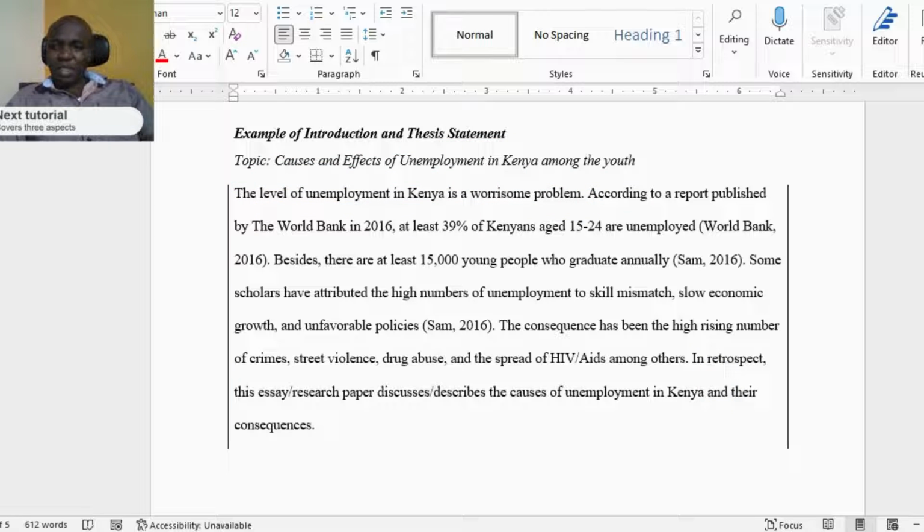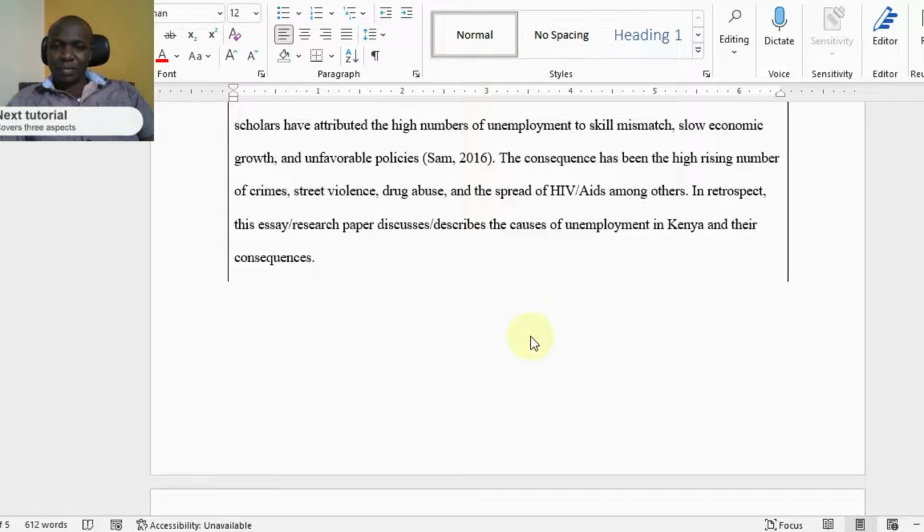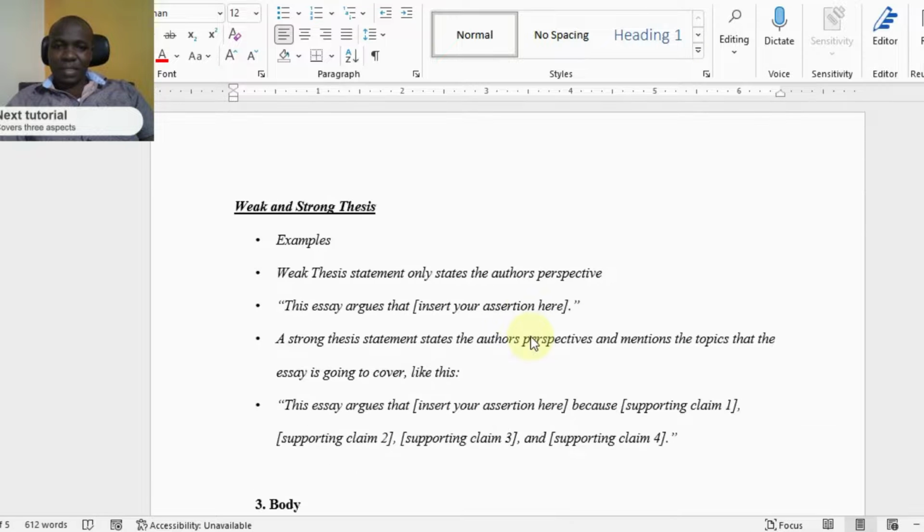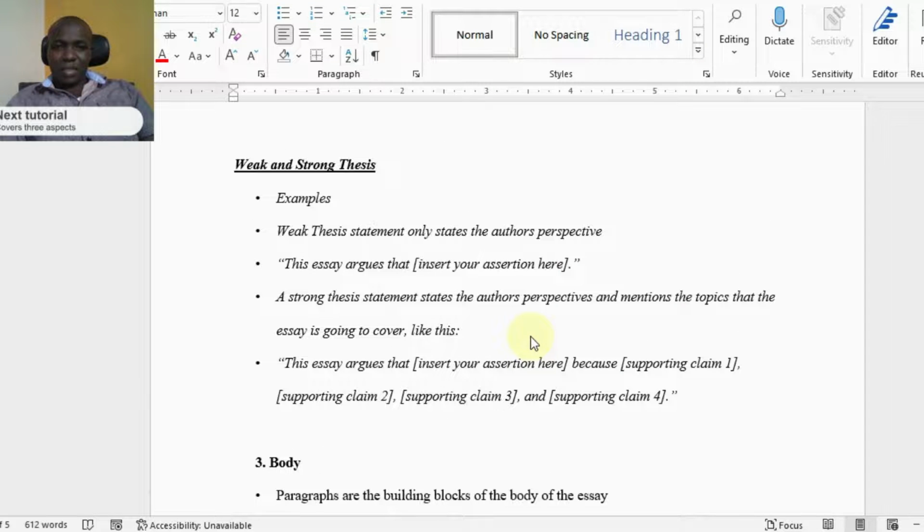Now move ahead again. We look at what is a weak and a strong thesis. I've given some examples here. One example of a weak thesis statement is here.